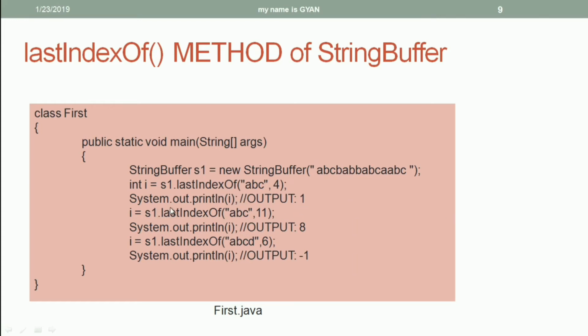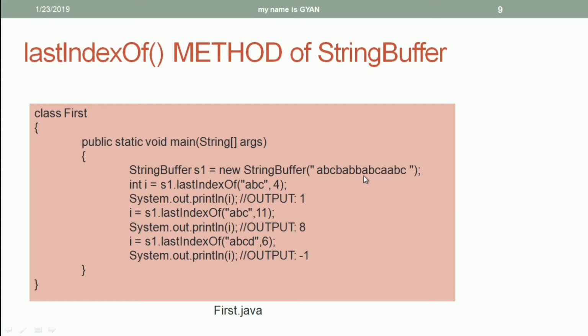Then we are calling the lastIndexOf method by using the reference variable s1 and two arguments, abc and 11. So go to the index number 11: 0, 1, 2, 3, 4, 5, 6, 7, 8, 9, 10 and 11. Start from the index number 11 and go backward: 10, 9, 8.